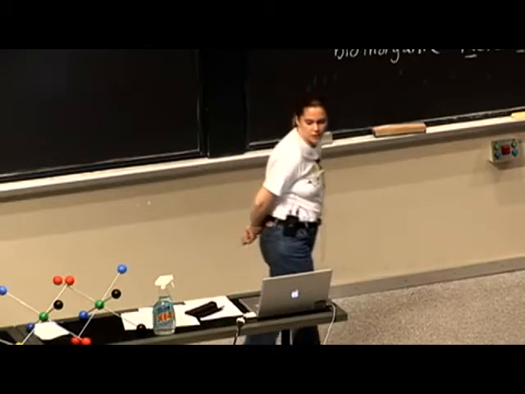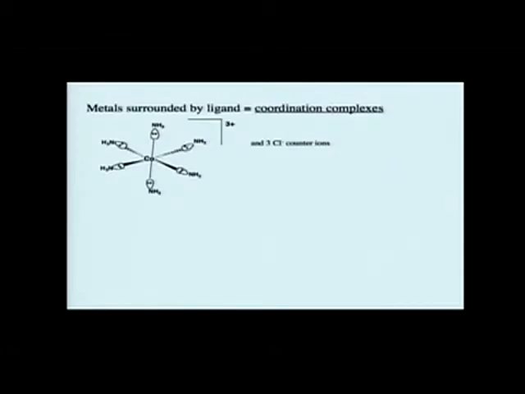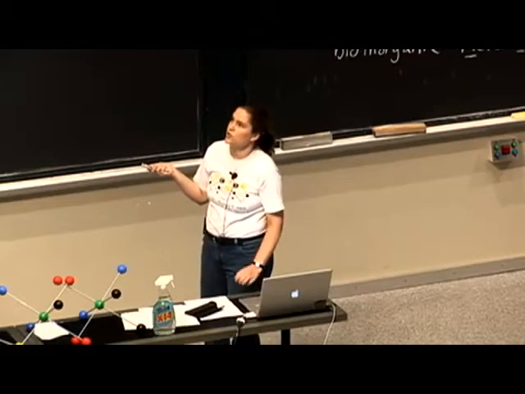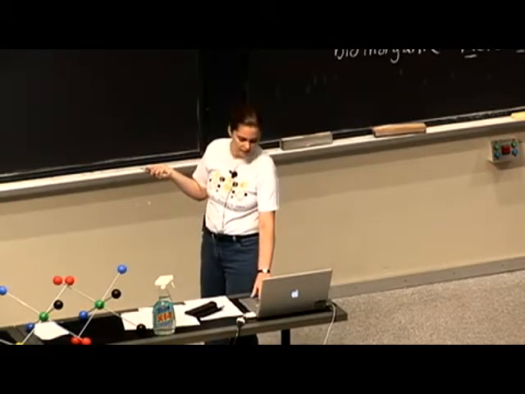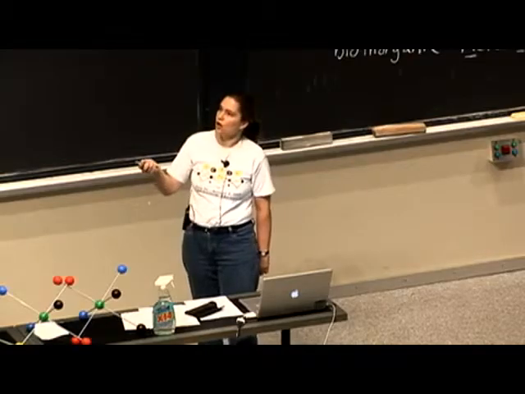And here is an example of a coordination complex. We have cobalt in the middle, and it's surrounded by a series of ligands, and these are NH3 ligands. And so our cobalt in the center, our metal, is the Lewis acid, and it's going to be the acceptor atom. And the NH3 groups are our Lewis bases.